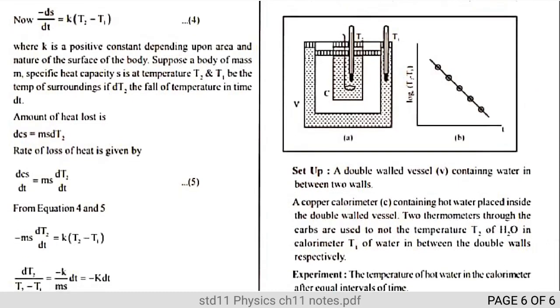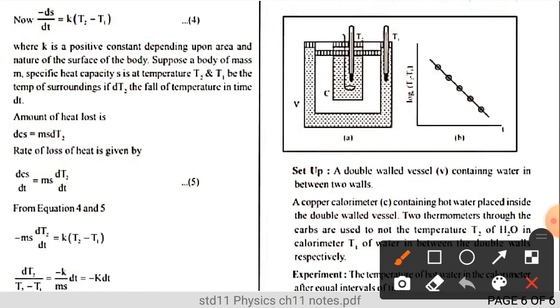See from the figure, this is an adiabatic wall all over here. This water is kept at room temperature, and this other water is kept at a higher temperature. Inside these two waters we are putting thermometers to measure the temperature, right?